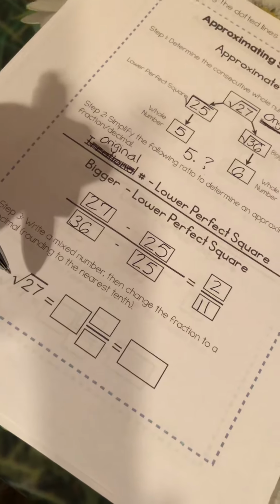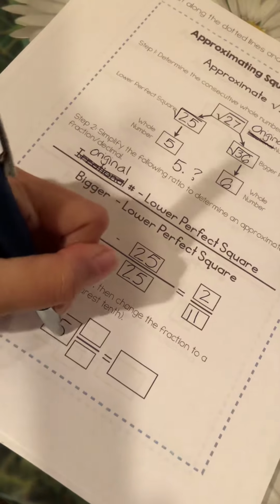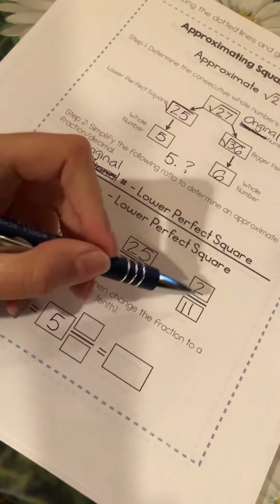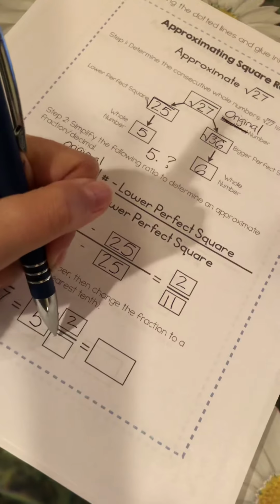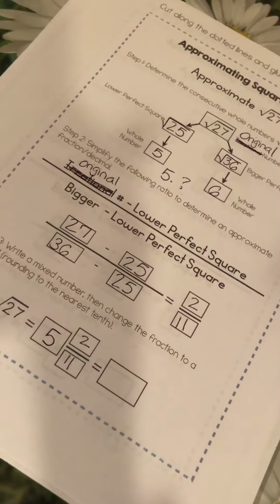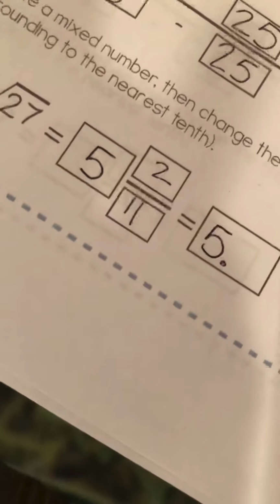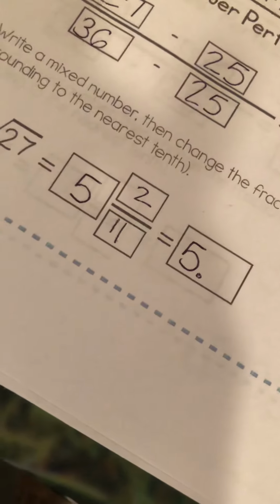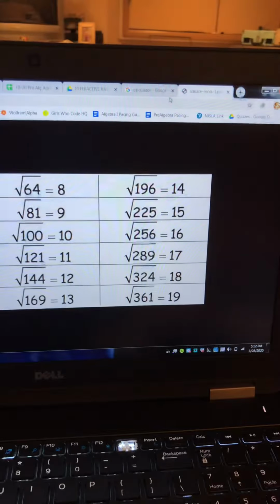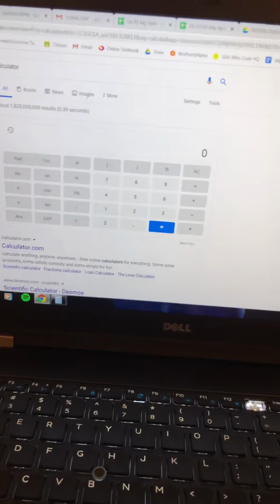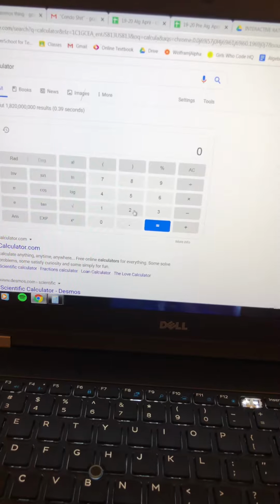So the square root of 27, like I just said, is 5 added with the fraction, which is 2 elevenths. Anybody know 2 elevenths as a decimal? If you don't, guess what? There's a handy dandy thing on Google called a calculator.